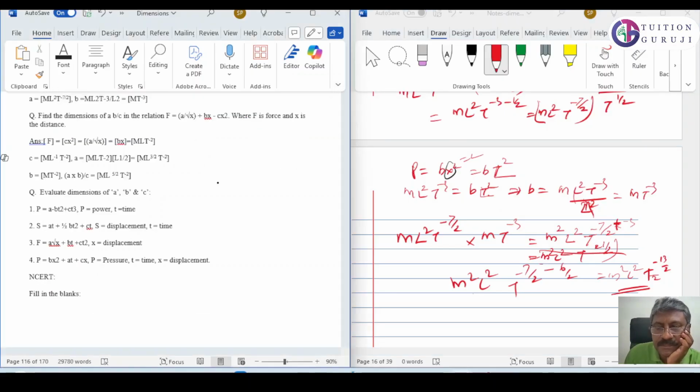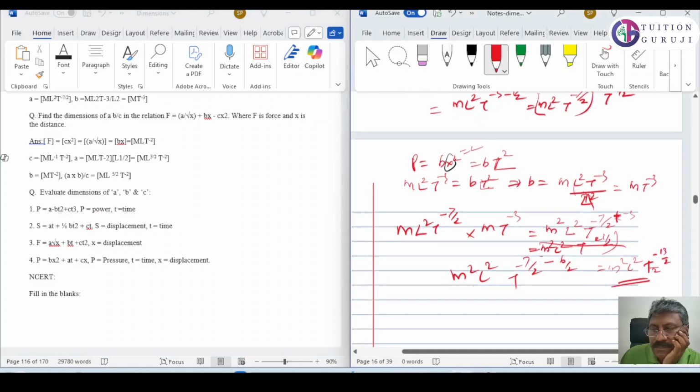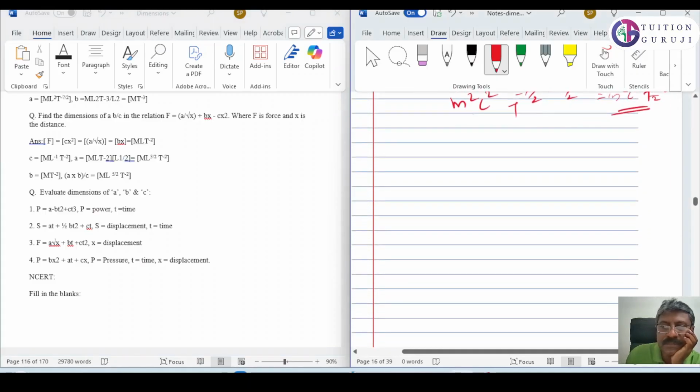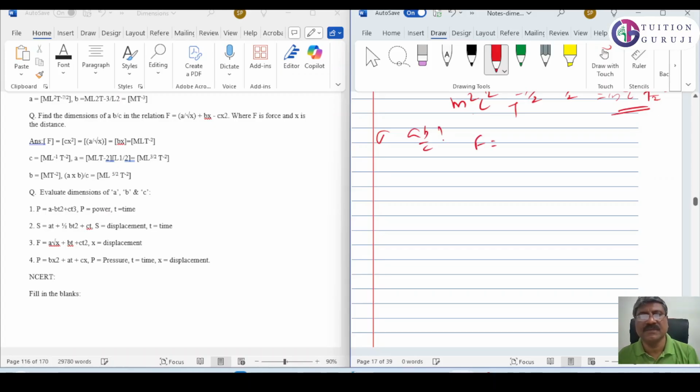Next question. Find the dimensions of AB by C. This is what we have to find out. In F is equal to A by root X plus Bx plus or minus Cx square. Okay.